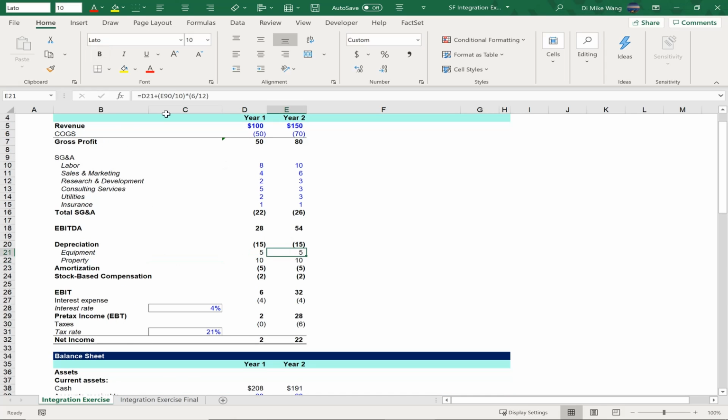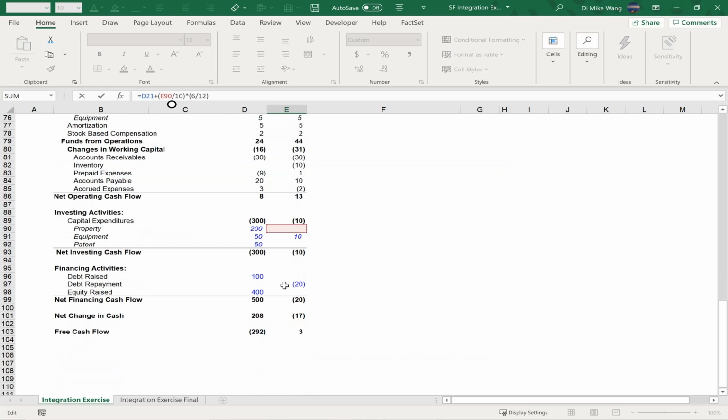What we did was we used the E90 number, which is property. We meant to actually use the E91, which is the equipment investing activities number.